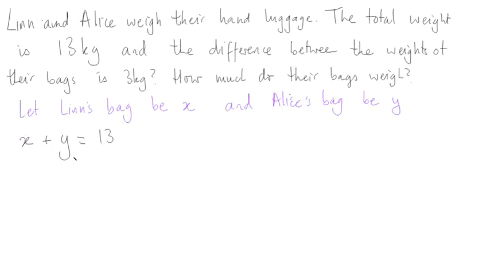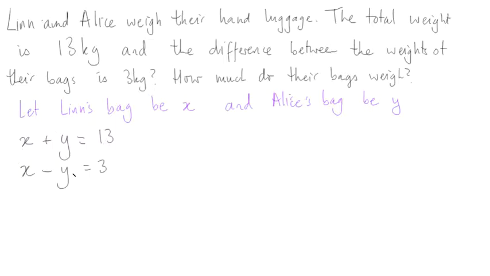And the difference between their weights is 3. The difference is X minus Y. So here we have one equation involving X and Y. We're told that the sum of the weights is 13, so X plus Y equals 13. Here we have another equation. We're told the difference in the weights is 3, so X minus Y is 3.